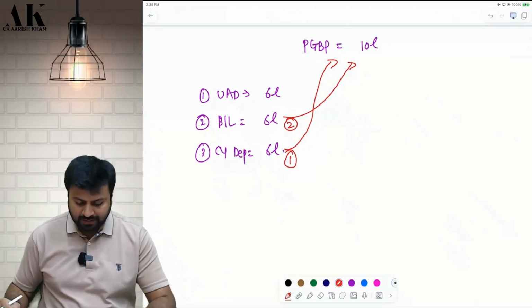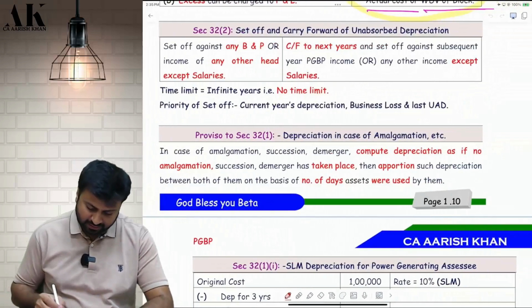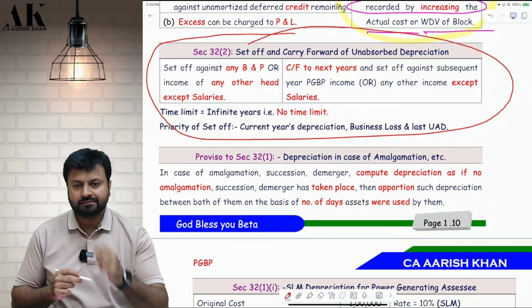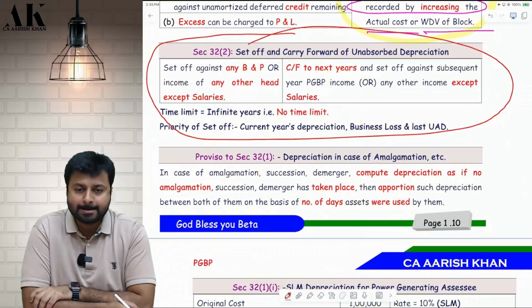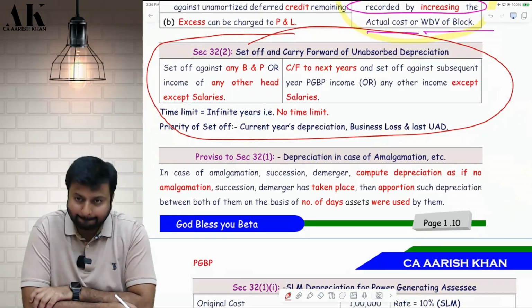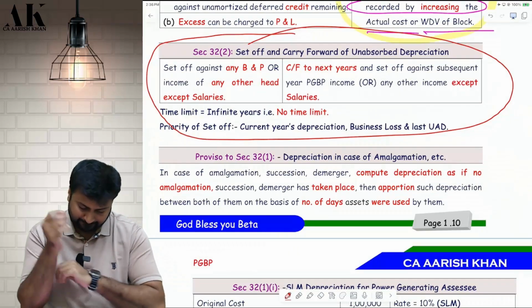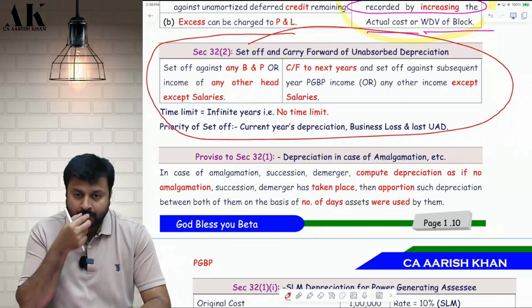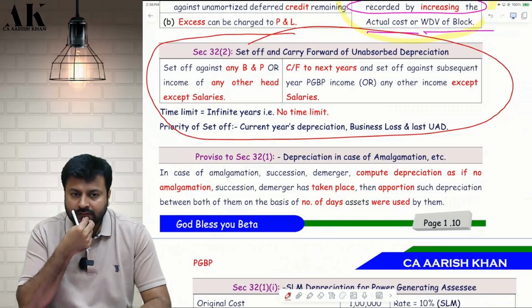Therefore, this should be your priority of set off. You can see over here. Pay attention, please. Check. You can read this if you want. Is it clear? Tell me.